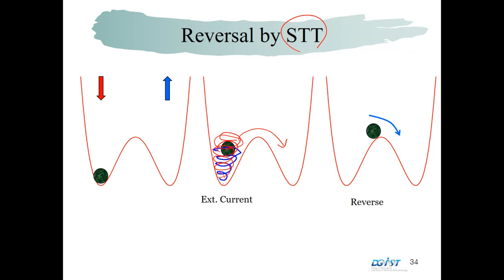PMA and IMA are kind of energy minima without any external disturbance. So actually, it is impossible to change IMA to PMA or PMA to IMA by the spin transfer torque. But there is another technology called voltage-induced anisotropy change.